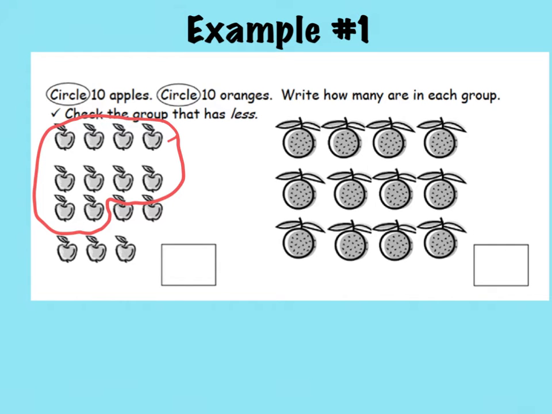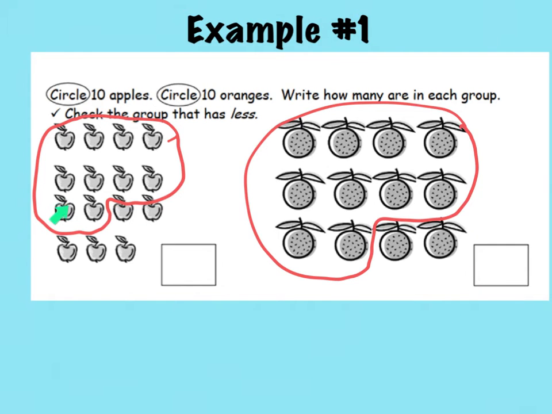For oranges, we have 1, 2, 3, 4, 5, 6, 7, 8, 9, 10. Let's circle those 10 oranges. Now let's write how many are in each group.